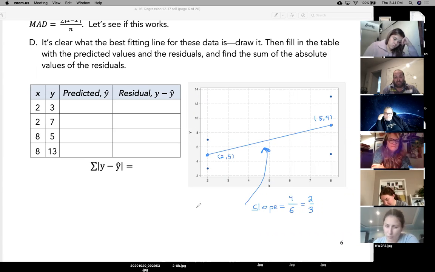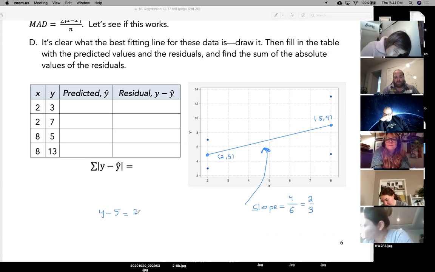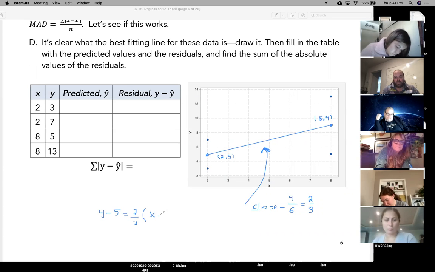So slope is 2/3. So the equation of the line is y minus the y value of one of the points, so y minus 5, equals the slope times parentheses x minus 2. This is what's called the point slope form of a line.